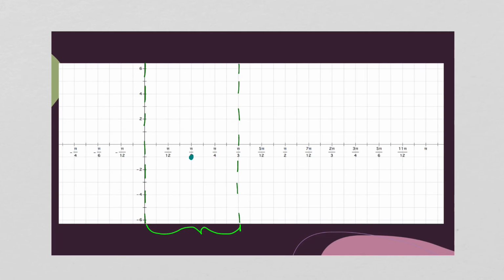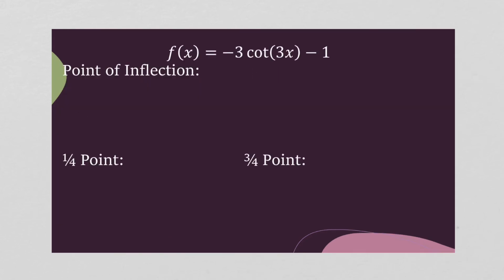If you want to do that by hand, you can do 0 plus pi over 3 and divide by 2. Or, like me, you can just look at the graph. So pi over 6, negative 1. And then there's the 1/4 point and the 3/4 point.